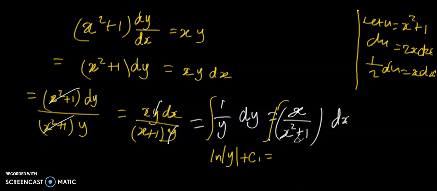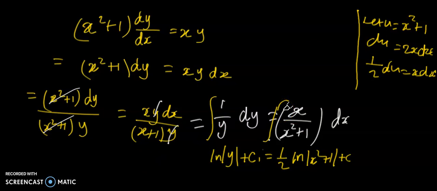So what we are having here now for the integral of x divided by x squared plus 1 will simply be a half ln of what we have, which is our u, which is x squared plus 1, plus some constant c.